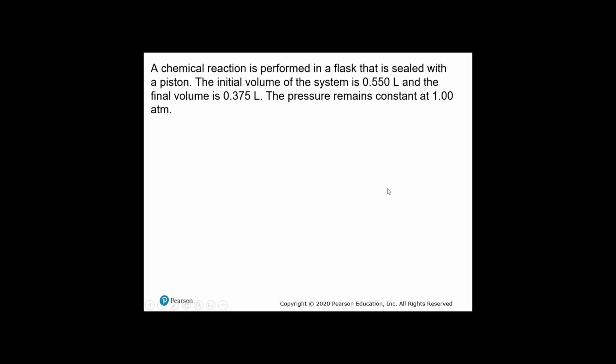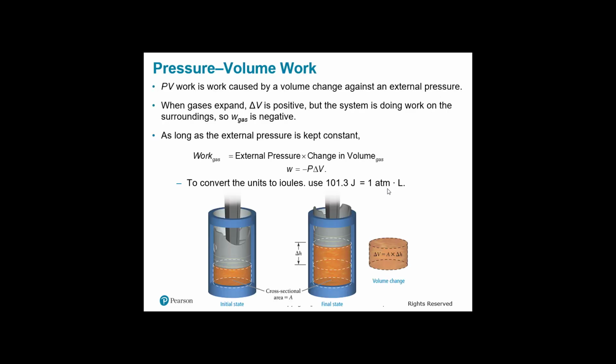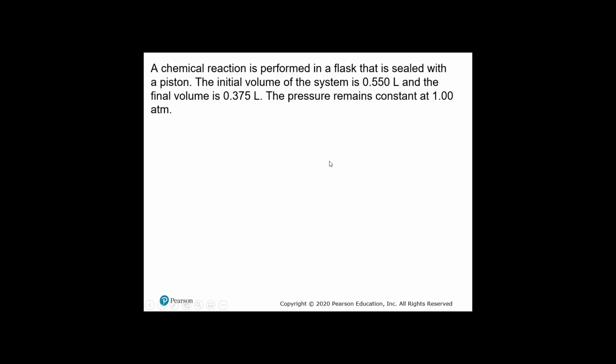So let's take a look at a problem. A chemical reaction is performed in a flask that is sealed with a piston. The initial volume of the system is 0.550 liters, and the final volume is 0.375 liters. The pressure remains constant at 1.00 atm. So as long as the external pressure is kept constant, we can determine what the work is by the change of volume.